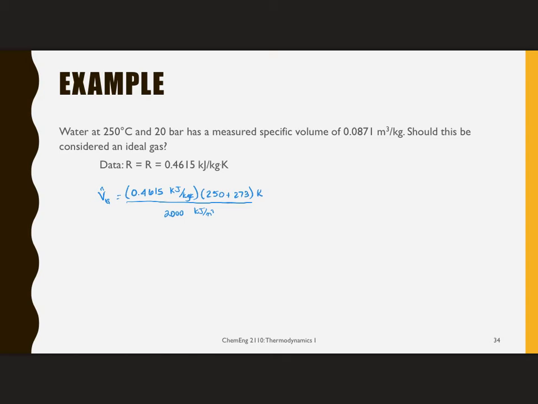That's trying to shortcut all those conversion factors I did a moment ago. And so we get 0.1207 meters cubed per kilogram. Z, therefore, is 0.0871. The actual divided by the ideal gas, 0.7217. So therefore, this one is not an ideal gas.